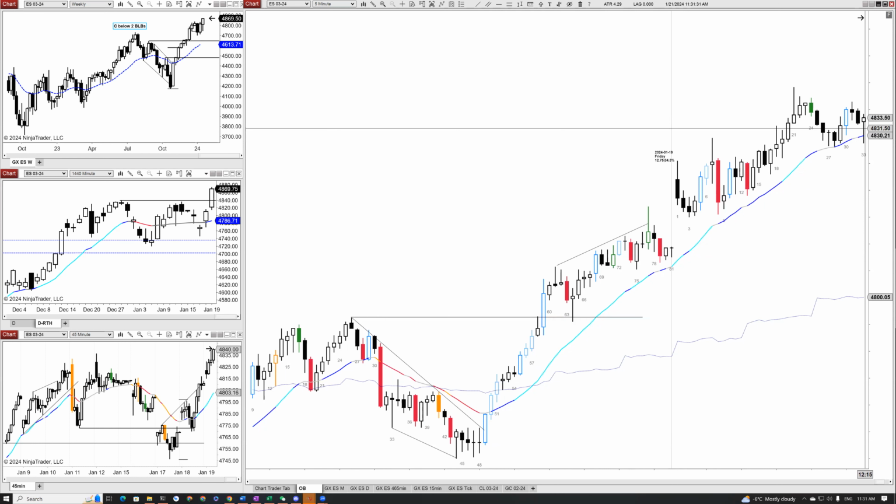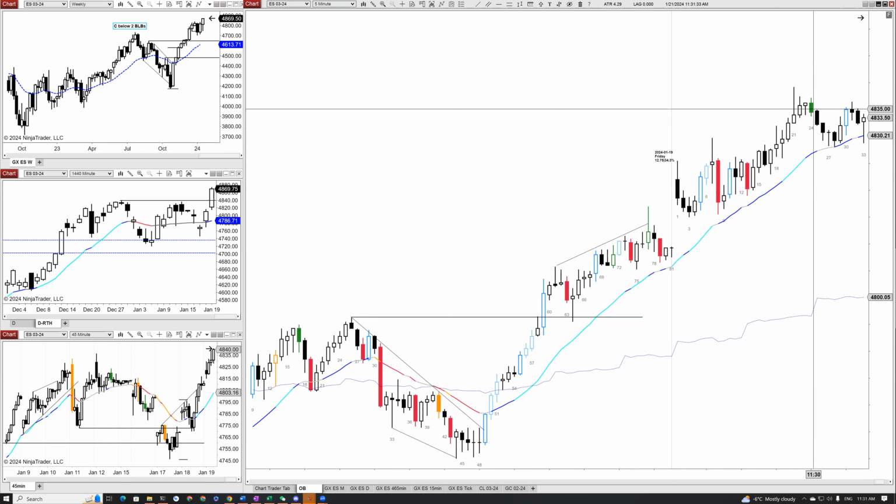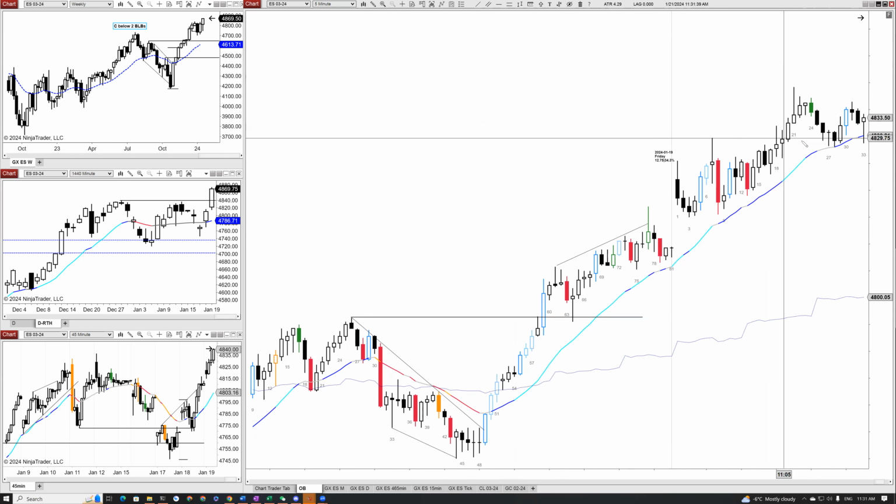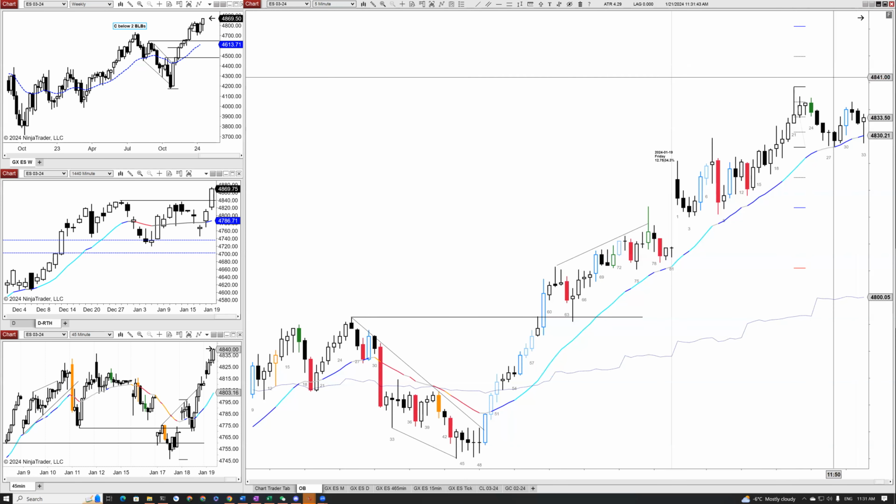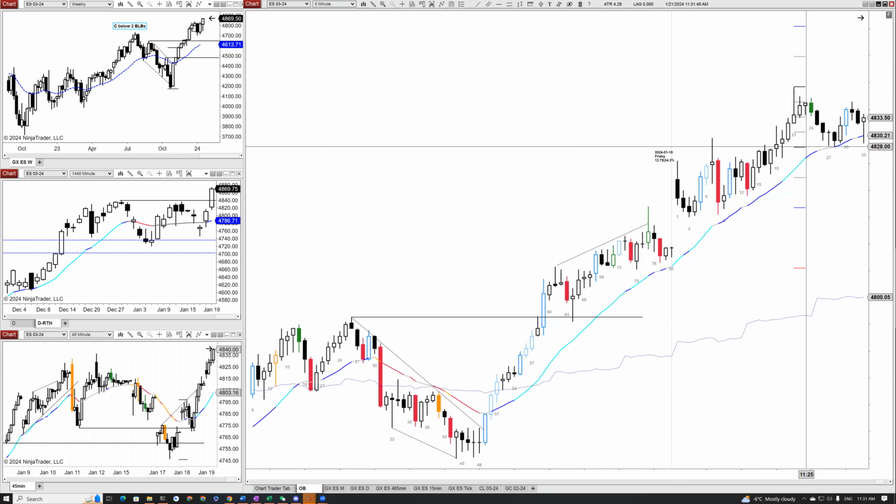It looks like a double bottom, bull flag. So immediately what you do is you do a measured move of this double bottom. Okay, it is very likely the market should reach here, right?